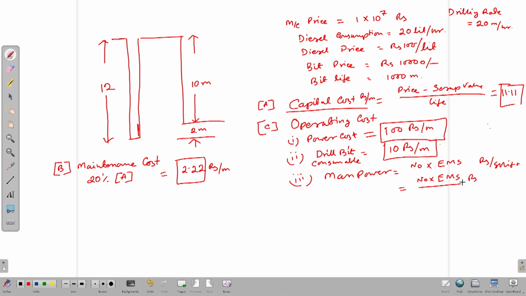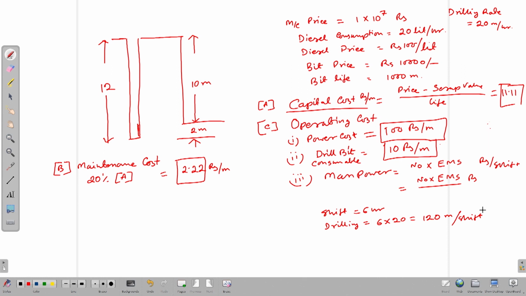Now, in our earlier slide we have already discussed, we have considered that there are 6 hours of operation in a shift. So, drilling obtained from 6 hours is 6 into 20, that is 120 meter in one shift.